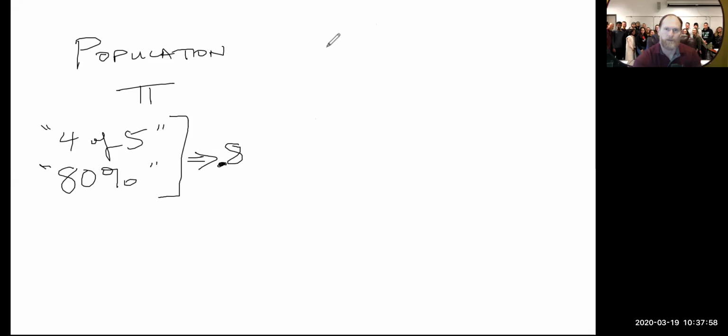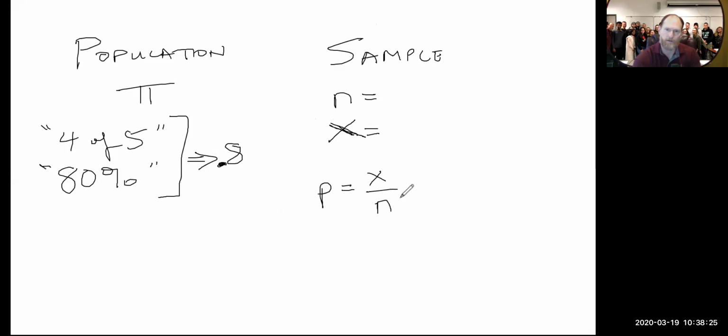Okay. Now, as far as our sample, we need to know n and we need to know the characteristic that we're interested in. And p is going to be equal to x over n.